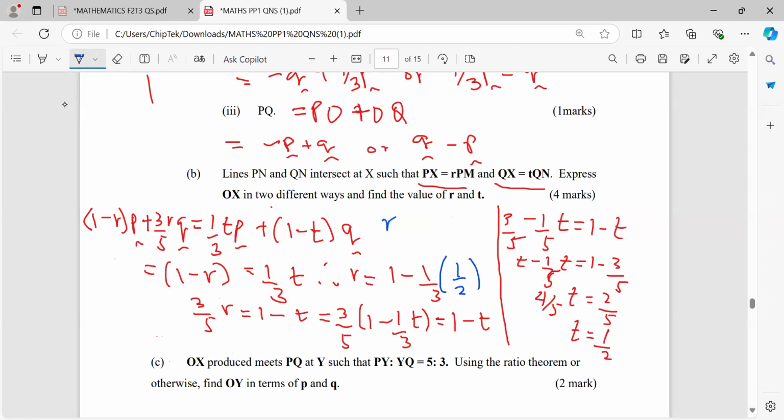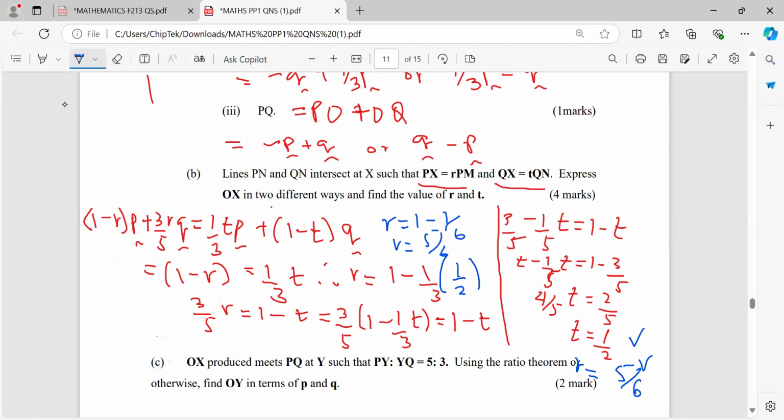So R equal to 1 minus 1/6, R equal to 5/6. So T ni a half, R ni 5/6. So these are your answers. Tushamaliza hiyo. This question is finished.